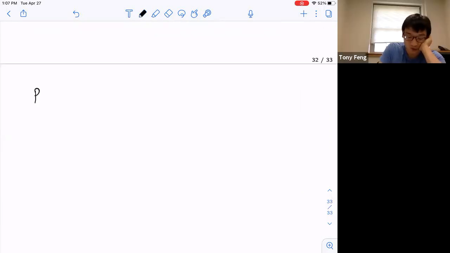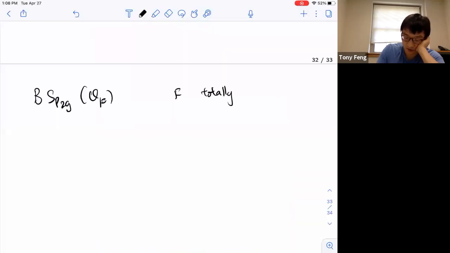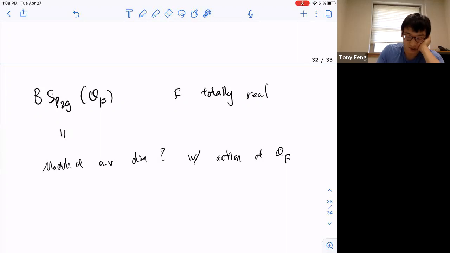BSp_{2g}(O_F), where F is totally real, is a good thing. This thing would be the moduli of abelian varieties of dimension something depending on F with an action of O_F.